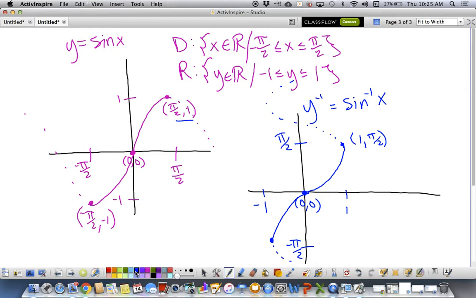How do you know which way to draw it? Meaning this little curvy piece right here. I just said sine curves around the x-axis. The inverse is going to curve around the y-axis.